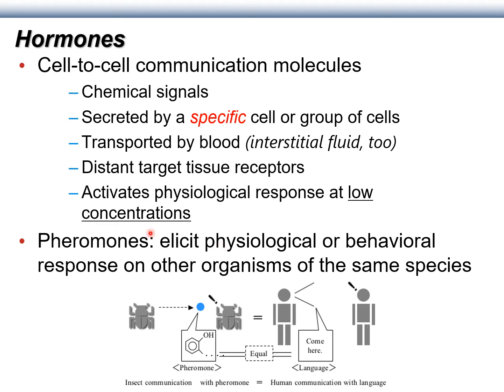There are even molecules that behave like hormones. They elicit physiologic and/or behavioral responses in other organisms of the same species, and they're extraorganismal. Talk about being able to elicit a response at a low concentration.